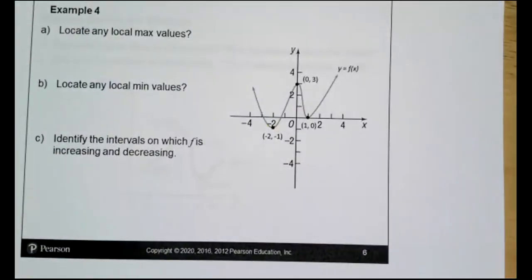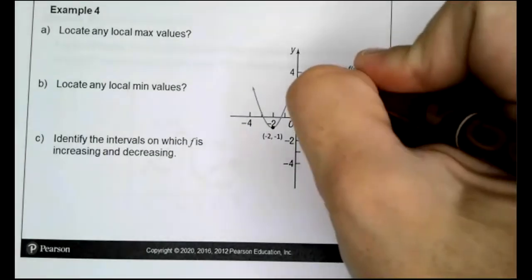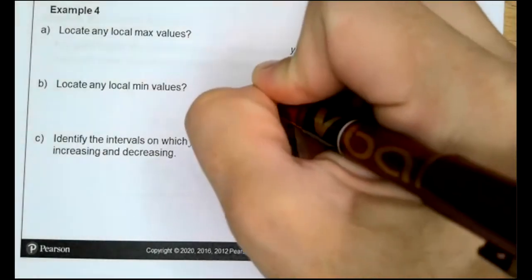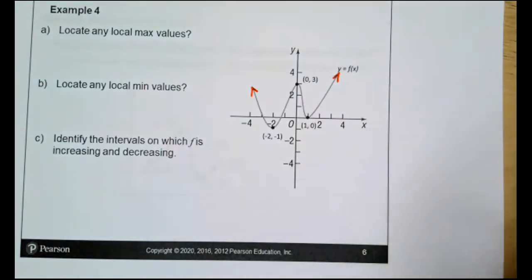So here, can you locate any max values? Okay. Please note that there are arrows here, which means it's going to get wider and taller forever in both directions. The max value is the top of any hill.